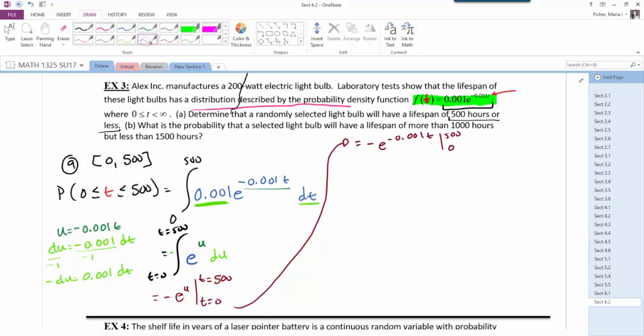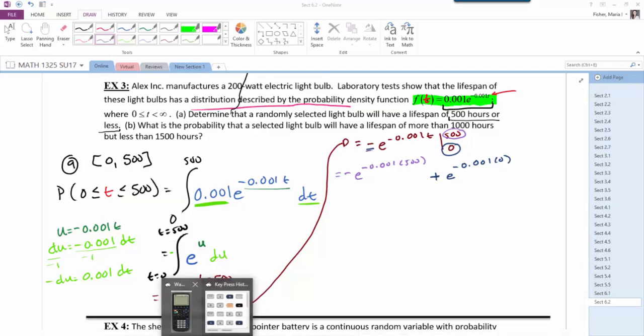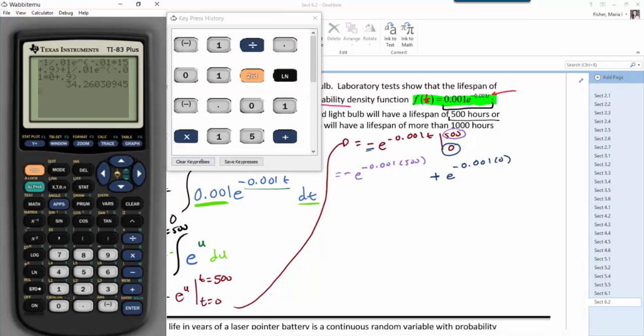Plug in your upper limit: negative e to the negative 0.001 times 500. Then plugging in your lower limit, that would be minus, but minus a negative is plus, and that's e to the negative 0.001 times 0.